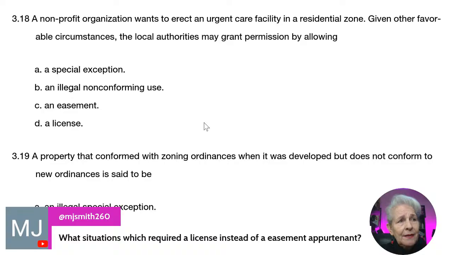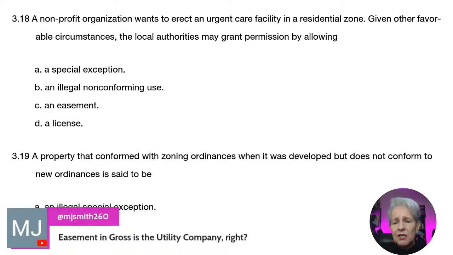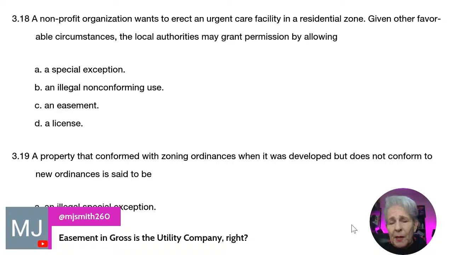The planning departments and zoning, they don't necessarily give licenses. They give easements, right of way use, or variances, or you have non-conforming property when zoning changes.